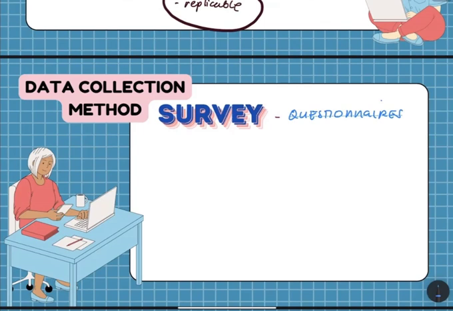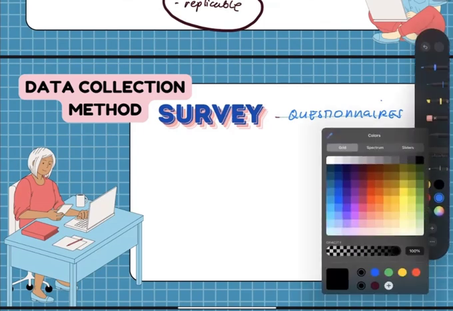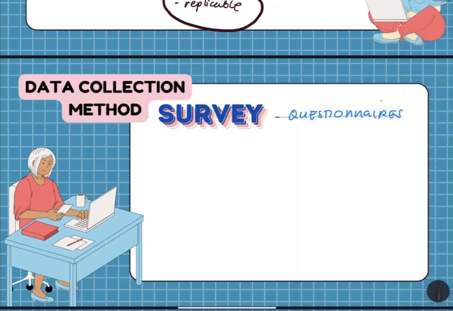Now, surveys are super popular in research because they let us gather any kind of information from a lot of people so quickly and conveniently. Hence, surveys are considered to be a versatile, flexible, and efficient method of data gathering.